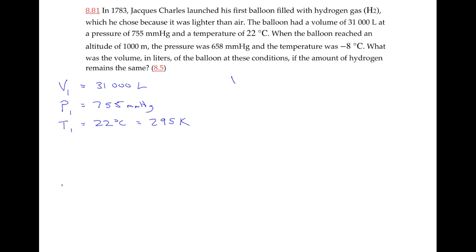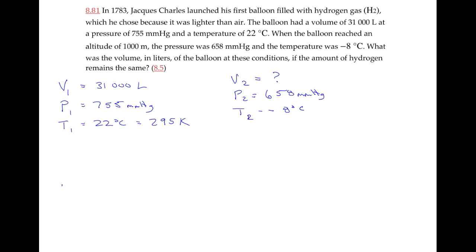Then my volume is what I'm trying to determine, the volume attained at this height, at this pressure and this temperature. I know that pressure was 658 millimeters of mercury, and temperature 2 was equal to -8 degrees Celsius.